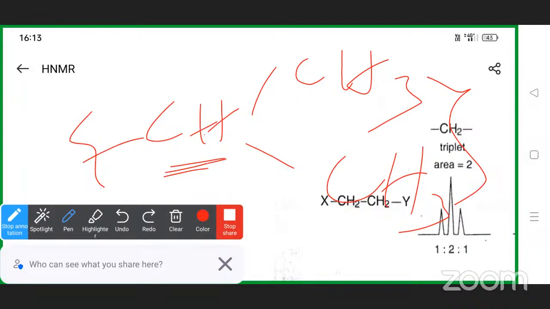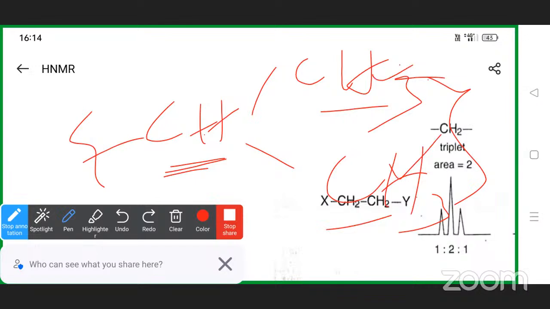But when you are assigning the multiplicity for this CH proton, you must consider the two methyl groups as neighboring protons. You take into consideration these three protons and three protons.